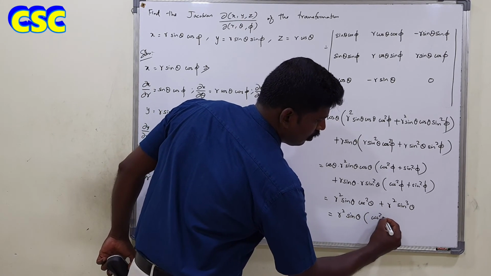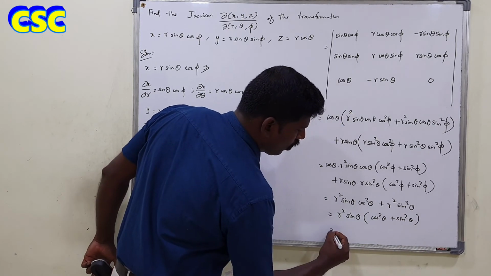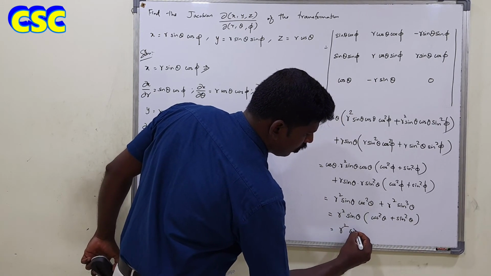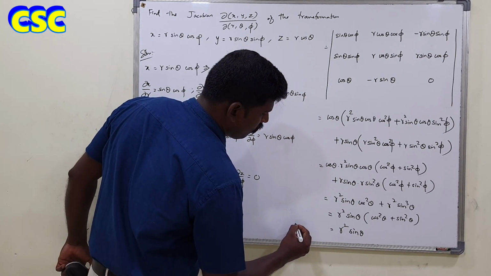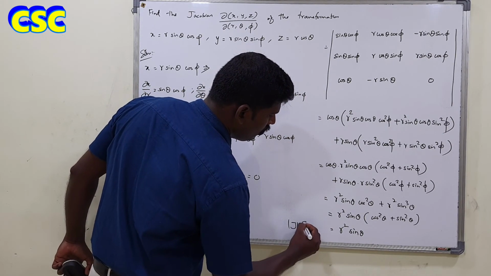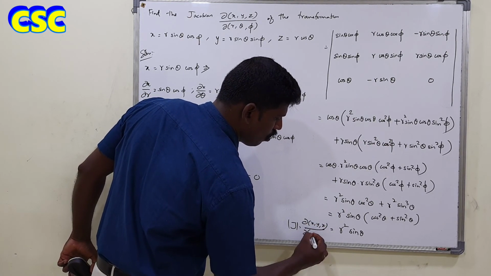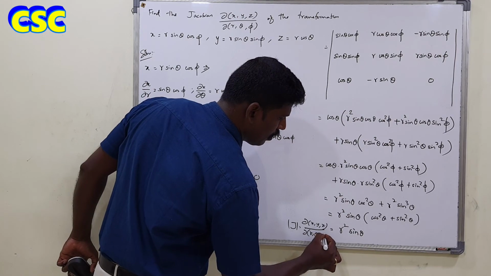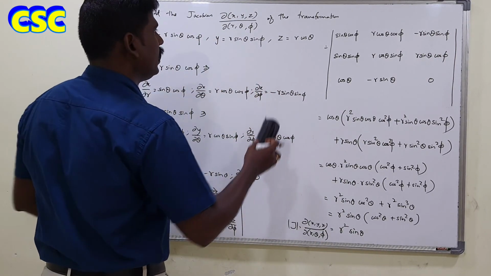So remaining cos square theta plus sin square theta, this becomes again 1. So the value is r square sin theta. So this is the Jacobian value of partial derivative of x, y, z with respect to r, theta, pi. That's all, right? r square sin theta, right?